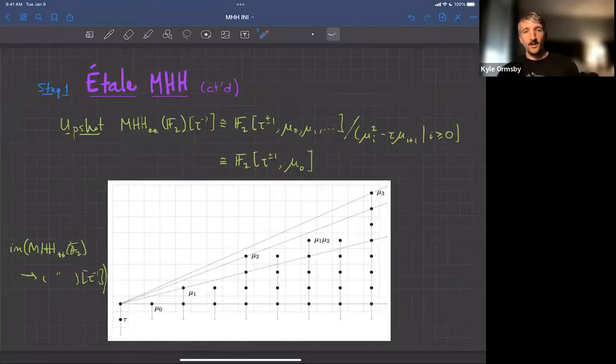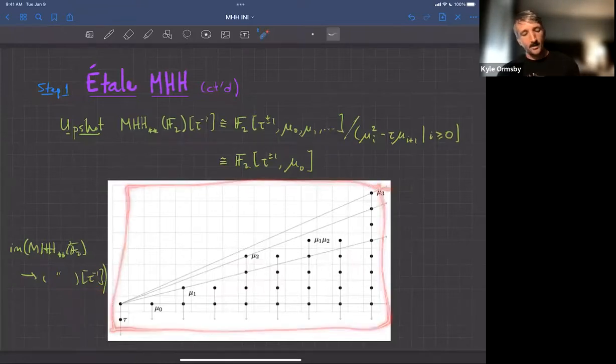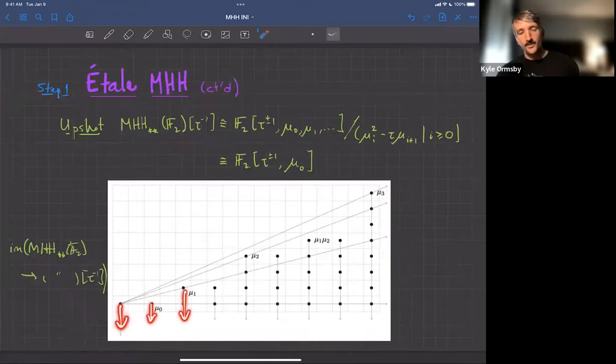And I've drawn a picture here. It's not a picture of this, right? This is the picture before tau is inverted. So what I'm trying to indicate here is, if you look at the motivic Hochschild homology and look at its image inside of motivic Hochschild homology with tau inverted, this picture is what you'll get. Here, these downward lines are powers of tau multiplication.